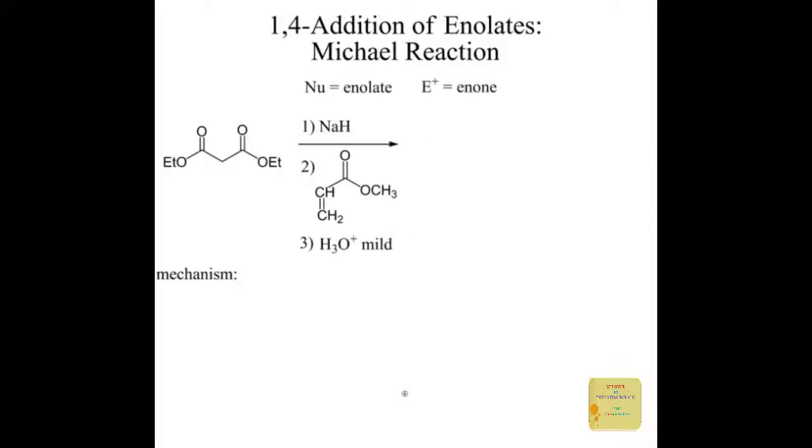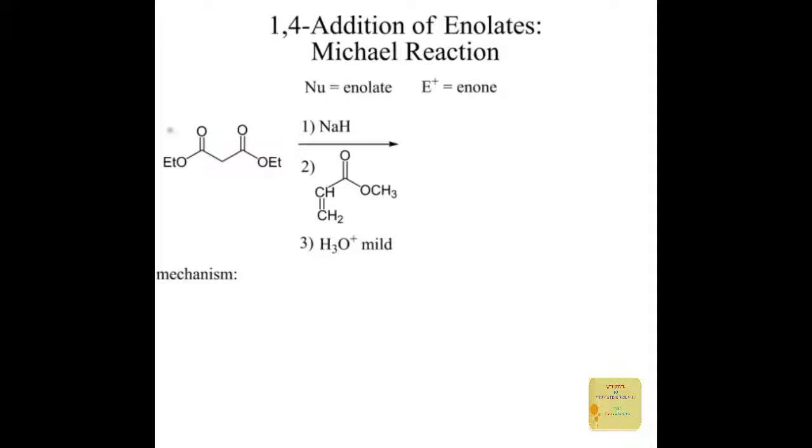Now, the other nucleophile we'd like to see add, besides just an ordinary carbon group, is an enolate nucleophile. We call that reaction the Michael reaction when we do a 1,4 addition or a conjugate addition, where our nucleophile is an enolate and our electrophile is an enone. So let's take a look at an example of one of these.